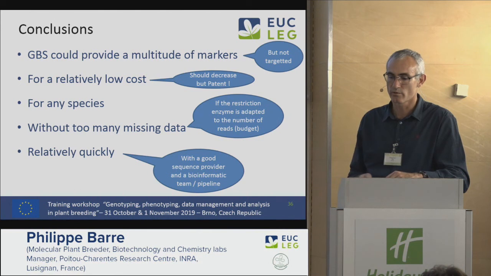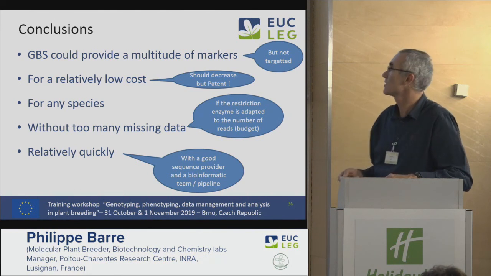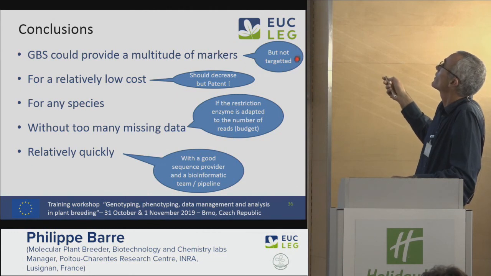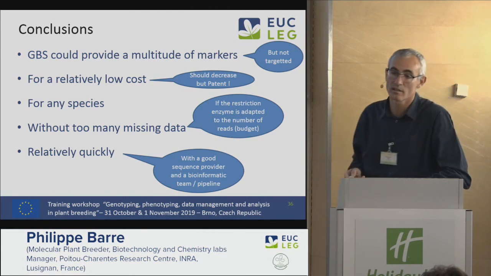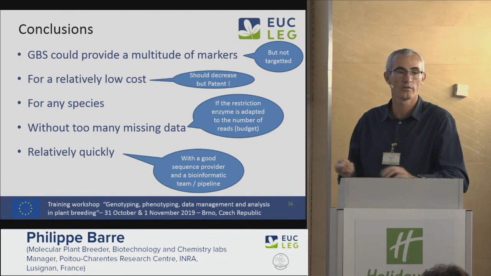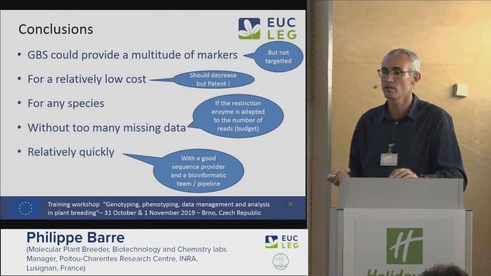GBS could provide a multitude of markers, that's true. Don't forget that the markers are not targeted. So once you have SNPs that you want to follow, for example, because you have QTLs there, you have to change the technique.